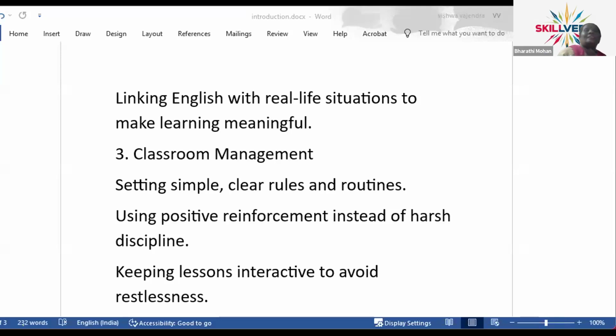So then we need to keep on changing the activities, and every child is different. Someone is auditory, someone is visual. And maybe in our times, we had a practice of listening to radios and things like that.